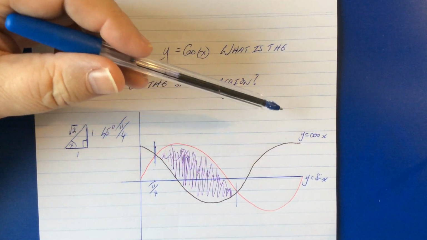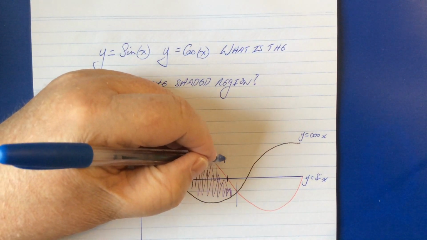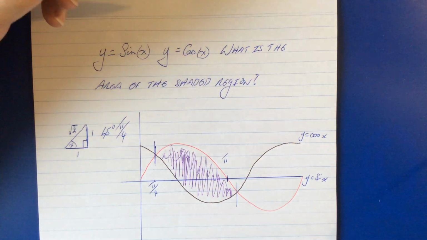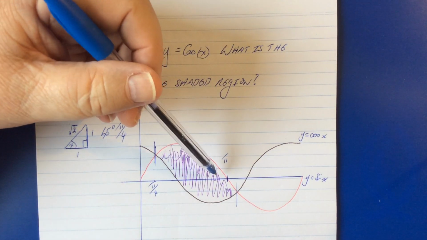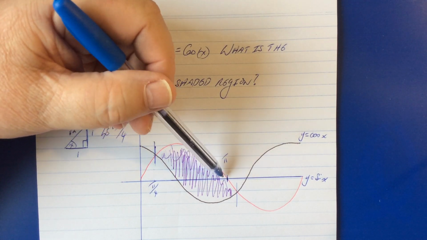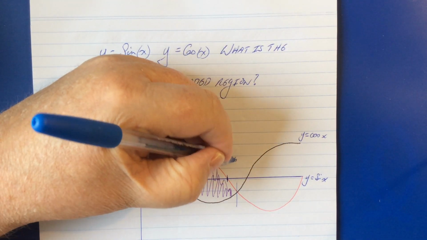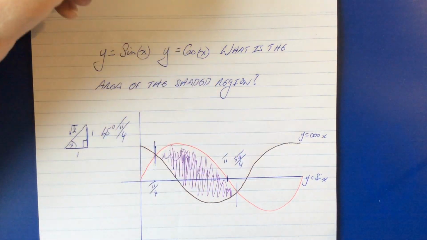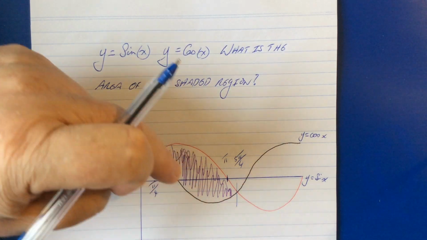Because my drawing is so poor, we need to note that this is pi and out here is 2 pi. Now, in any decent drawing you could apply symmetry, but this is pi plus pi on 4 here, which gives us 5 pi on 4. So we have the parameters between which we are looking.